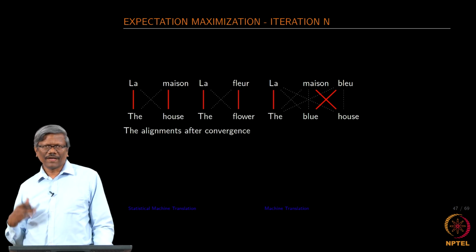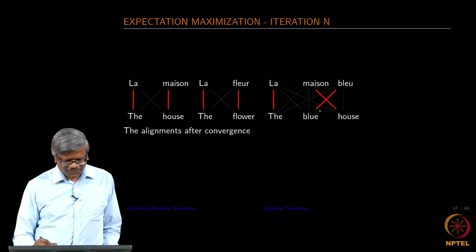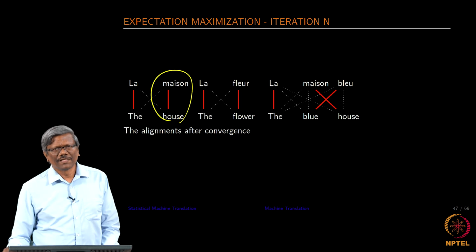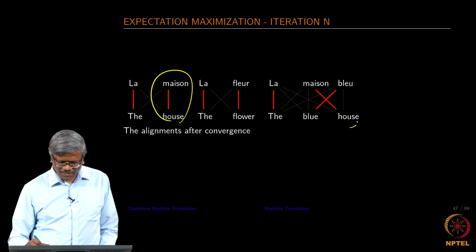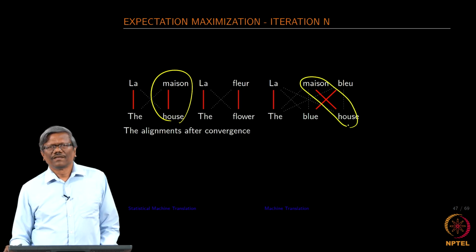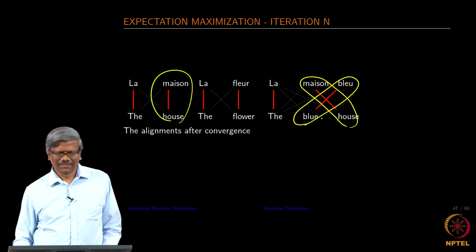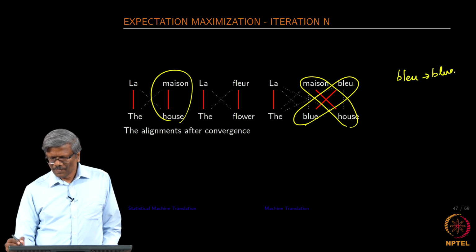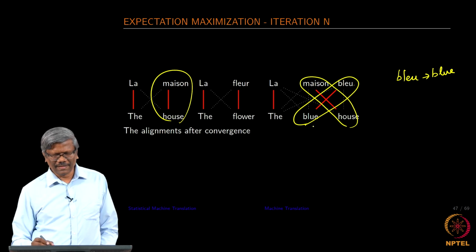As you iterate more and more, you will see that in the earlier case there is one alignment that is possible between these two pairs of words. So, we can assume that this is aligned to this, and then finally the missing one is aligned to this. Whatever is missing, just fill that in.